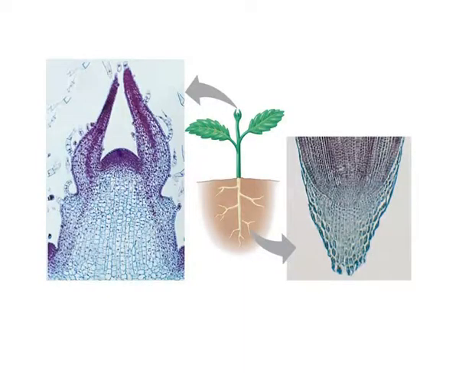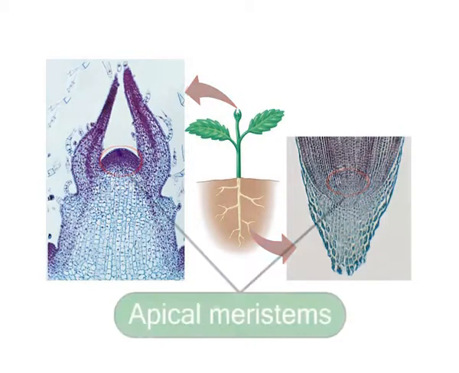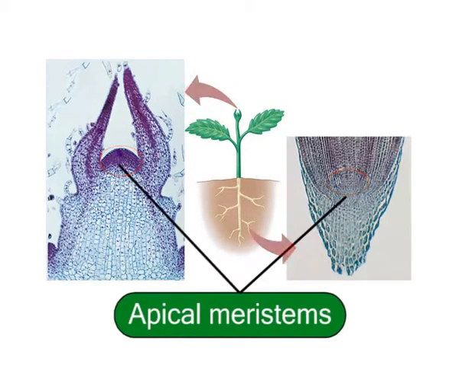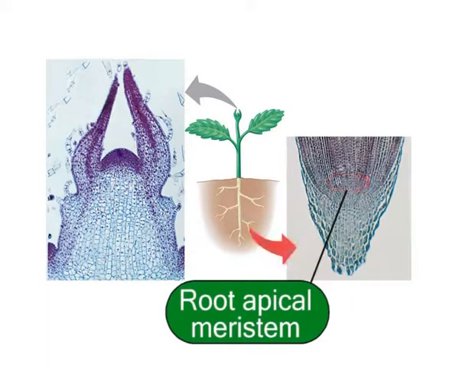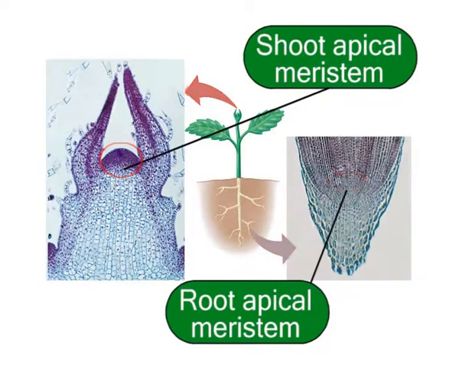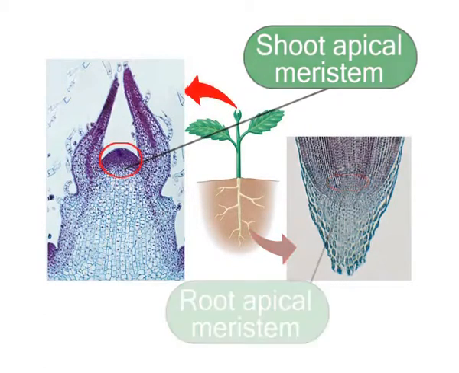The meristems which occur at the tips of roots and shoots and produce primary tissues are called apical meristems. Root apical meristem occupies the tip of a root, while the shoot apical meristem occupies the distant most region of the stem axis.